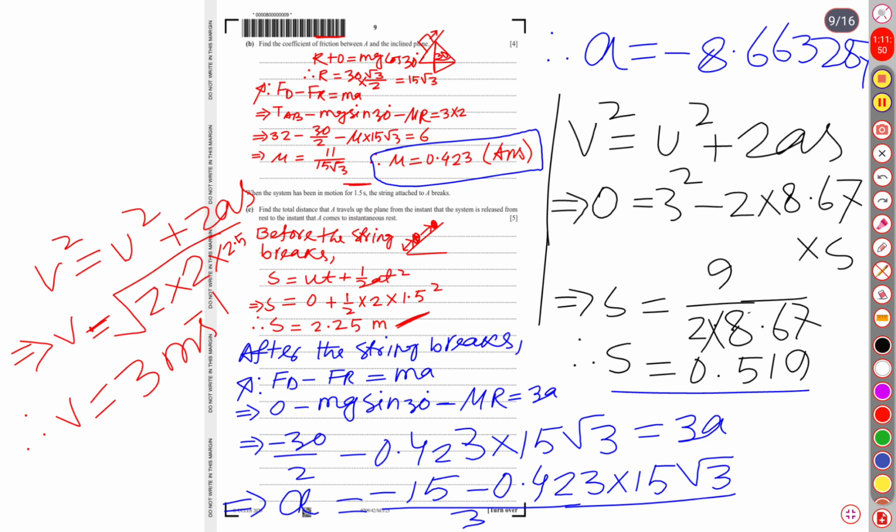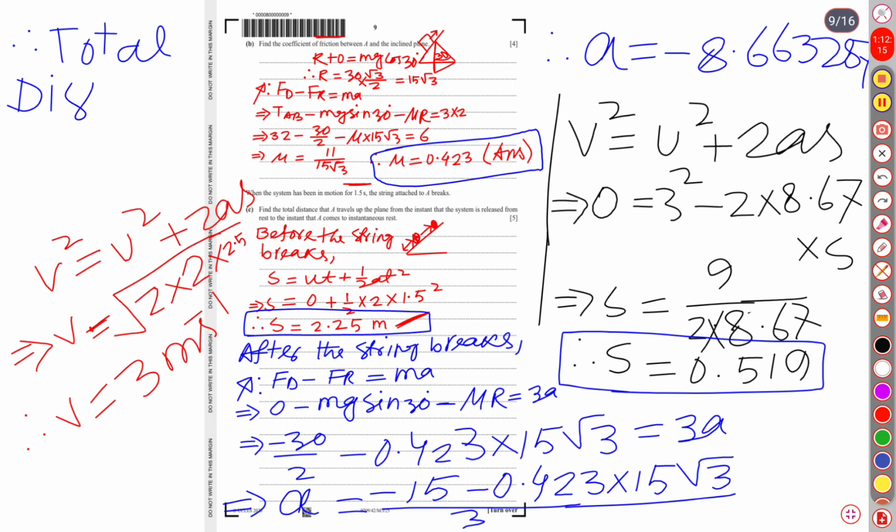So this is the displacement of the particle A after the string breaks, and before the string breaks the displacement was this. Now we can write the total distance is equal to, first, before the string breaks it was 2.25, and after the string breaks it was 0.519.